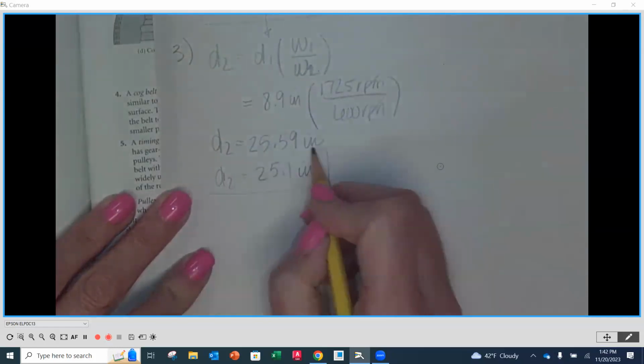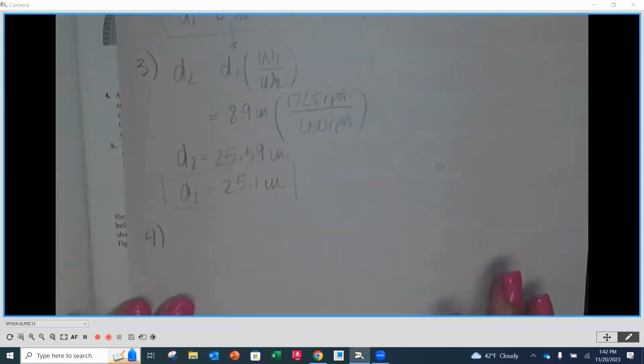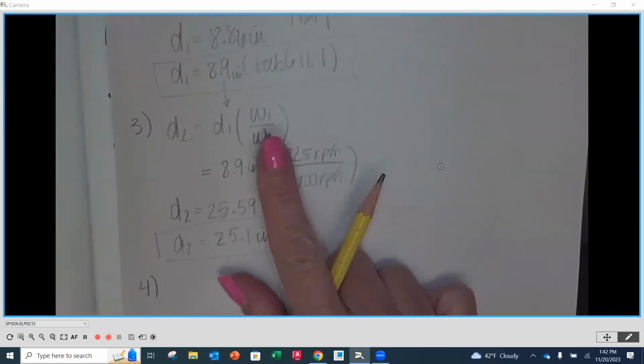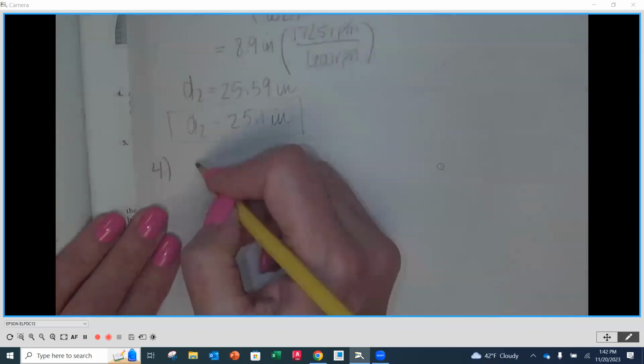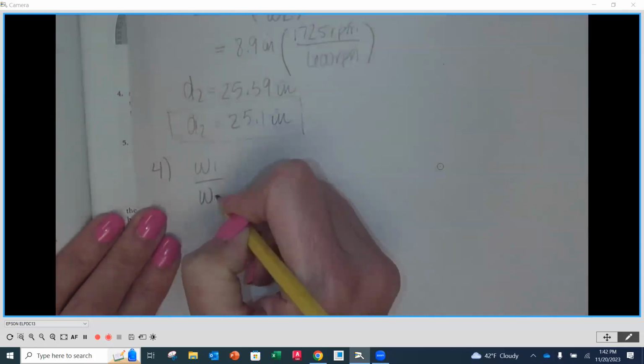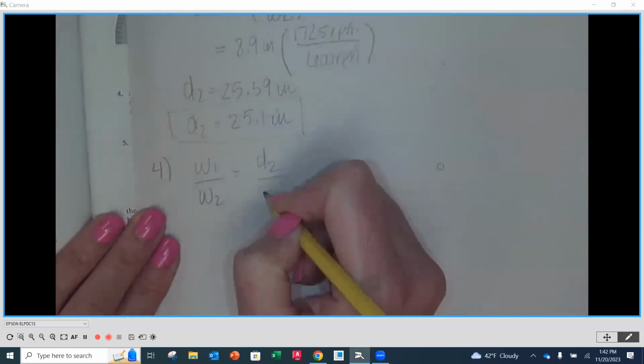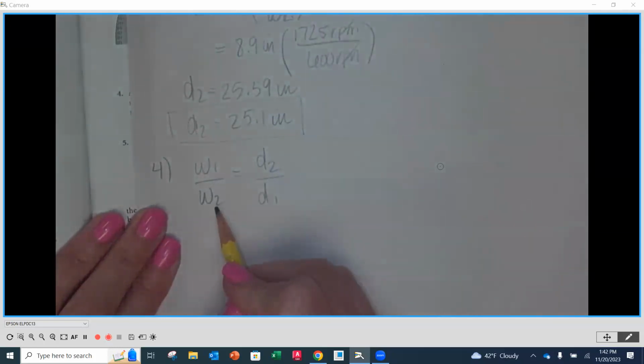Okay. So now we have to redo this equation to find W2. If we know that W1 over W2 is equal to D2 over D1, we want to solve for W2.